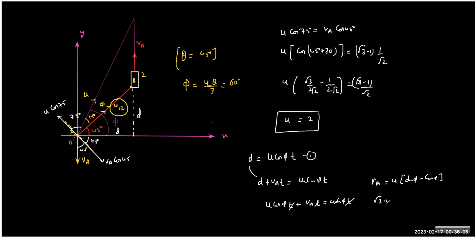Yes, sir. V is given √3 minus 1 and phi is 60 degrees. So sin 60.